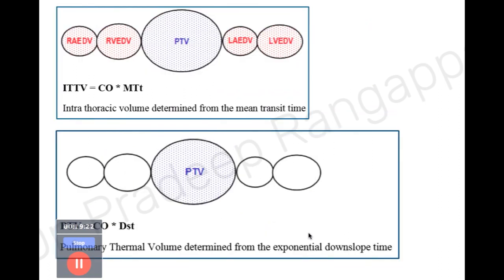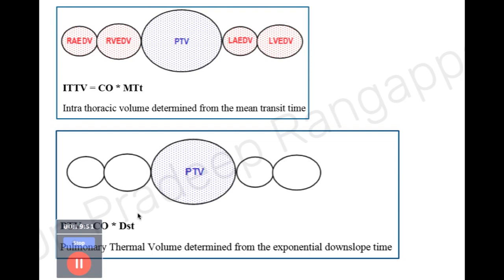So what are the derived variables that we derive? We derive intrathoracic thermal volume, which is equal to cardiac output times mean transit time. Intrathoracic thermal volume is the right atrial end diastolic volume, plus the RV end diastolic volume, plus the left atrial end diastolic volume. Then you have pulmonary thermal volume, which is derived from cardiac output multiplied by downslope time.